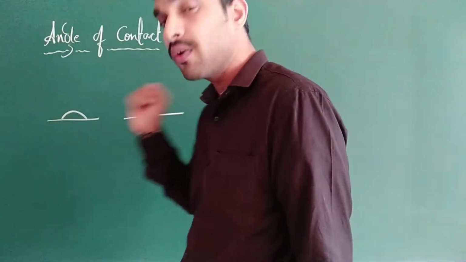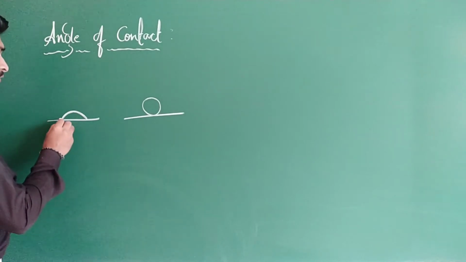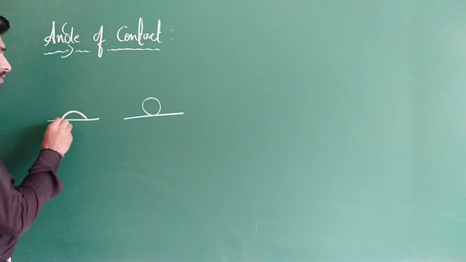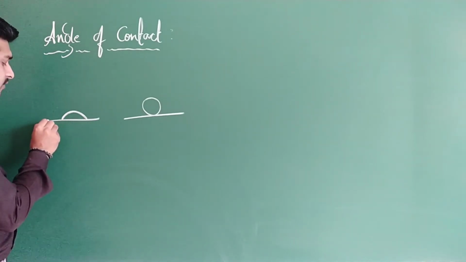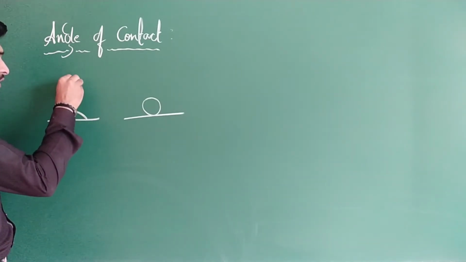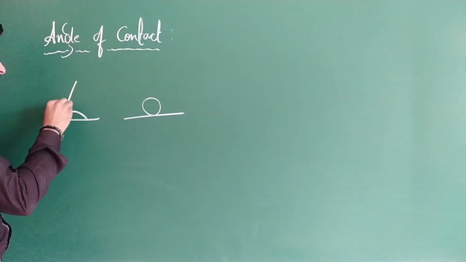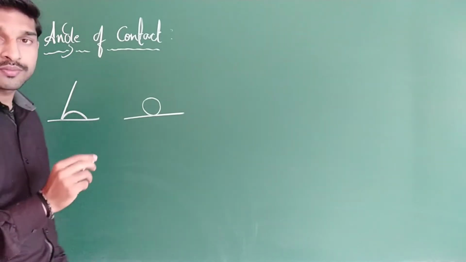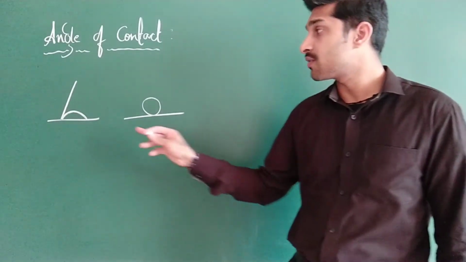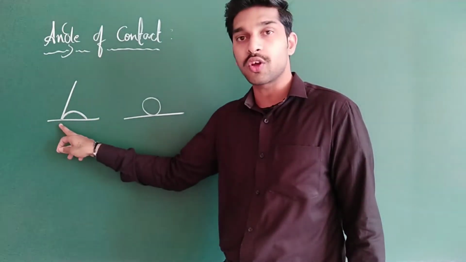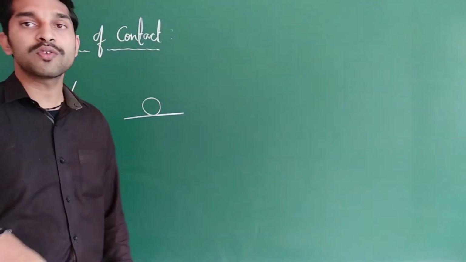And whenever you get this kind of manner, for this complete liquid surface, where the liquid surface is in contact with the solid, there we are going to draw a tangent. That means we are drawing a tangent where the liquid surface is in contact with the solid. Are you following? Where the liquid surface is in contact with the solid.